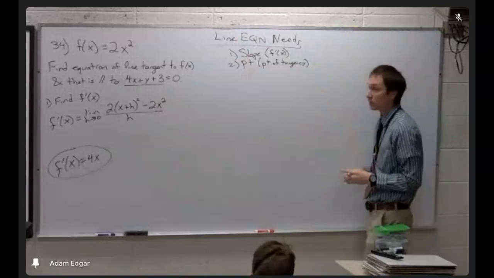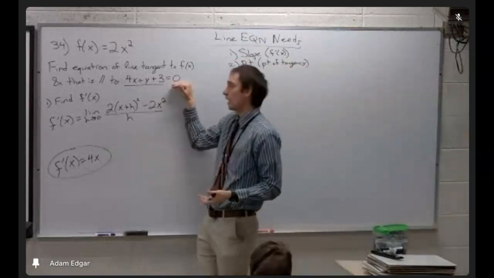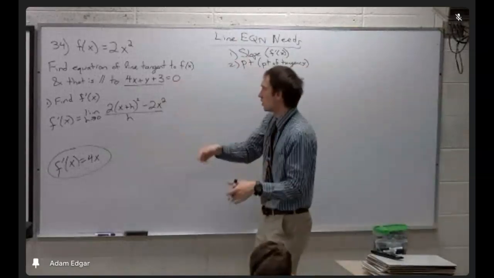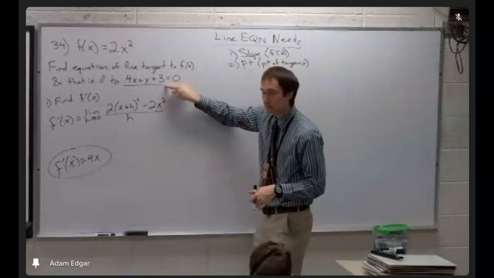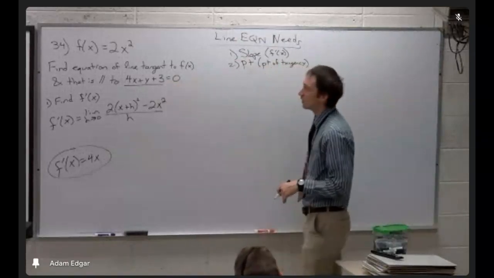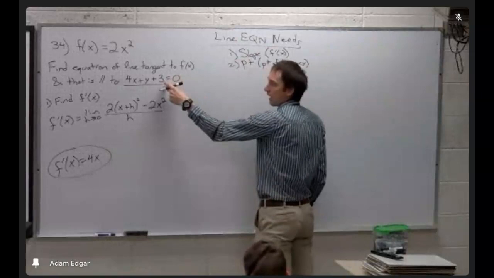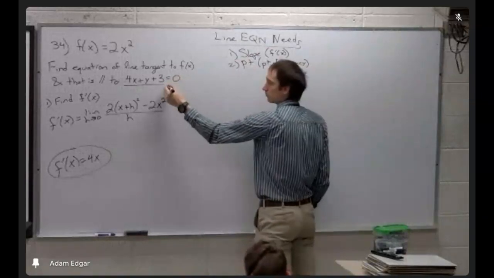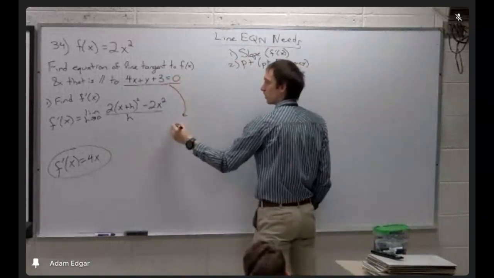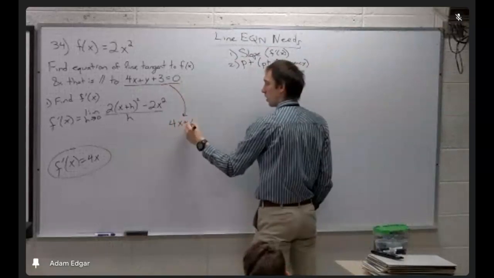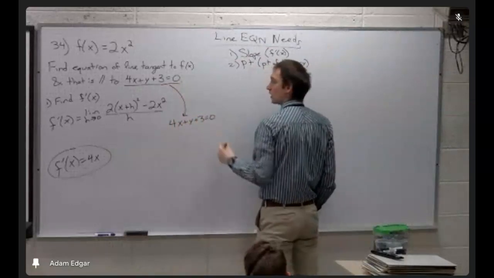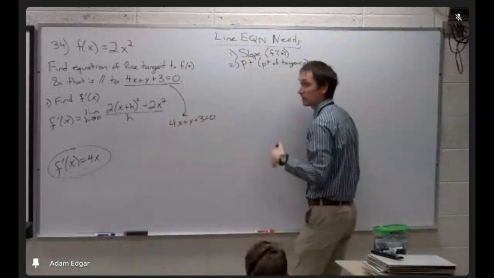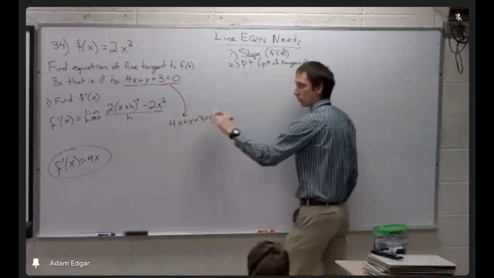They're just giving you some other line and saying, we want our tangent line to be parallel to this guy. So what we need to do is take this guy and find the slope. So 4x plus y plus 3 equals 0. If we need to be parallel to this line, then we need to know this line's slope. How do we find the slope of this line?